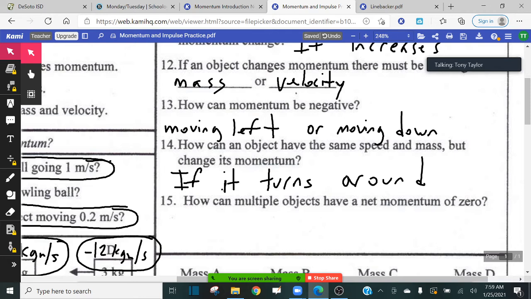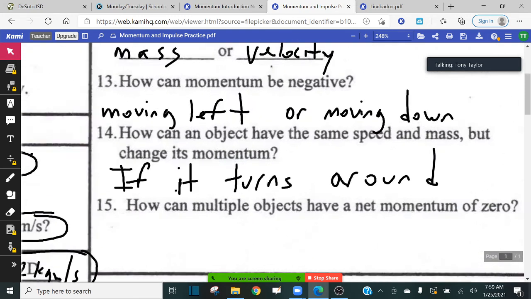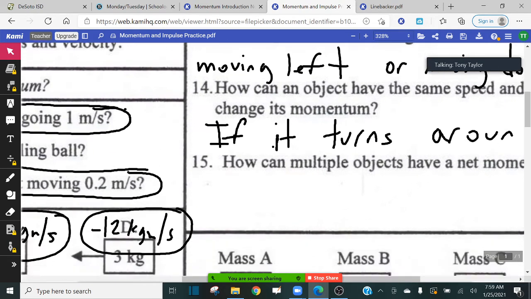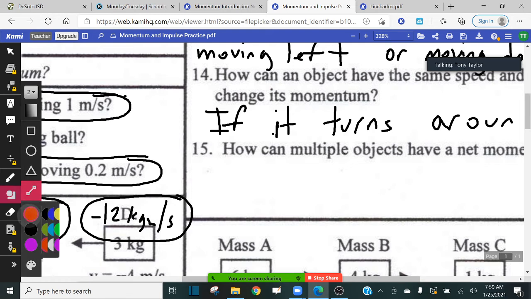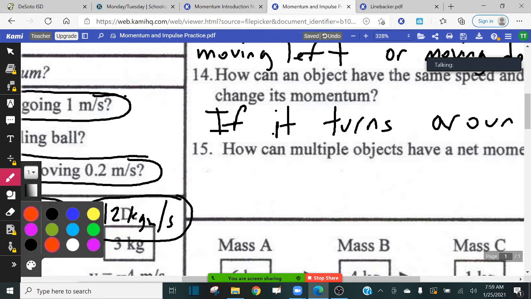Number 15 says, how can multiple objects have a net momentum of 0? Well, guys, that's pretty easy. If you have two objects that move at the exact same speed but move in different directions, they can have a combined momentum of 0. So, for example, let's say we have a ball moving at 5 meters per second in that direction.